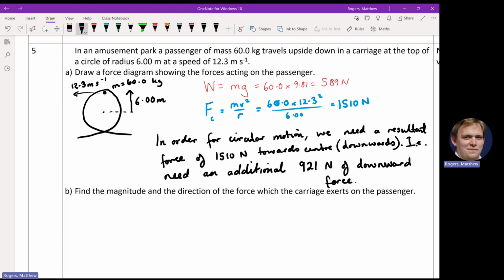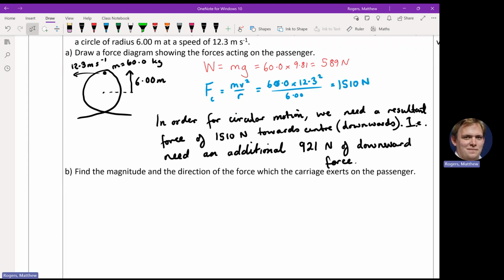So we haven't answered part A yet, but I'm going to move into the part B box. Our free body force diagram should have the weight going down, and we know its size is 589 newtons. It should have an additional force going down. On a free body force diagram, we tend to show all forces coming from the center.